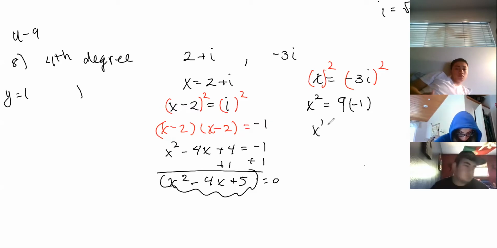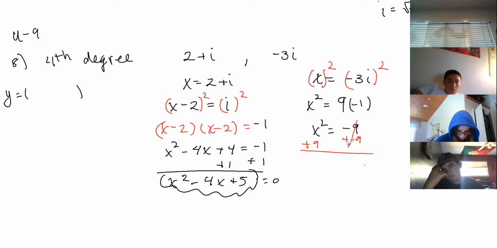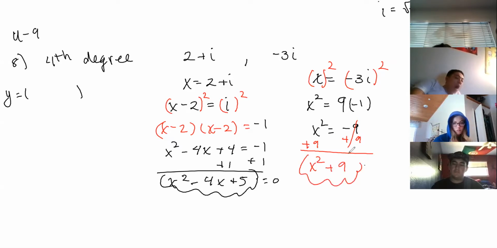So x squared equals -9. I want to get the -9 over, so I add the 9. That gives me x squared plus 9, and that goes in the second parentheses.